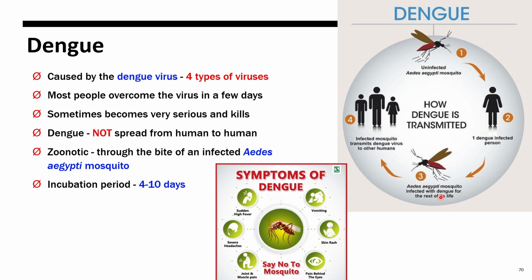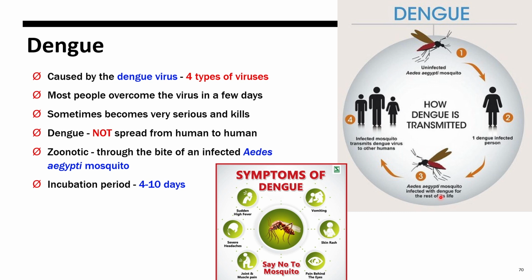Another communicable disease is dengue. Dengue is caused by a virus, and most people usually overcome the virus in a few days, but for some people it becomes very serious and can even kill that person. Similarly, dengue is also not a disease that spreads from one human to another.